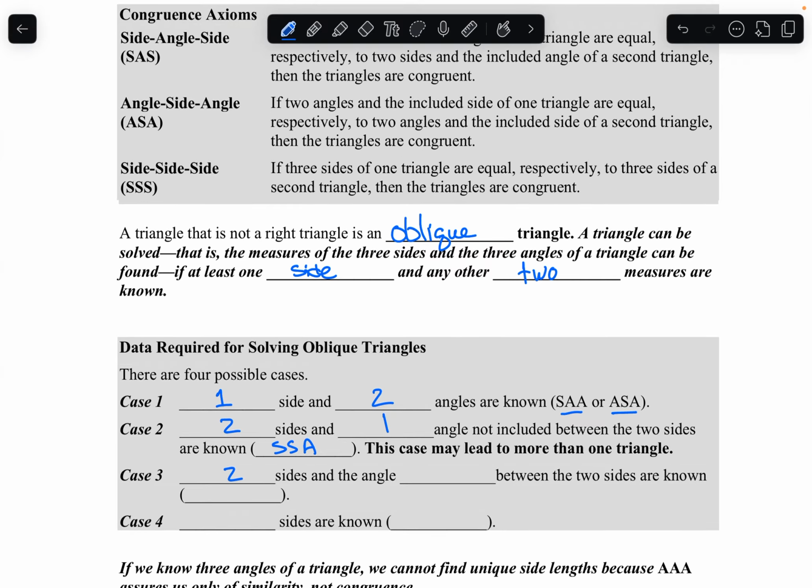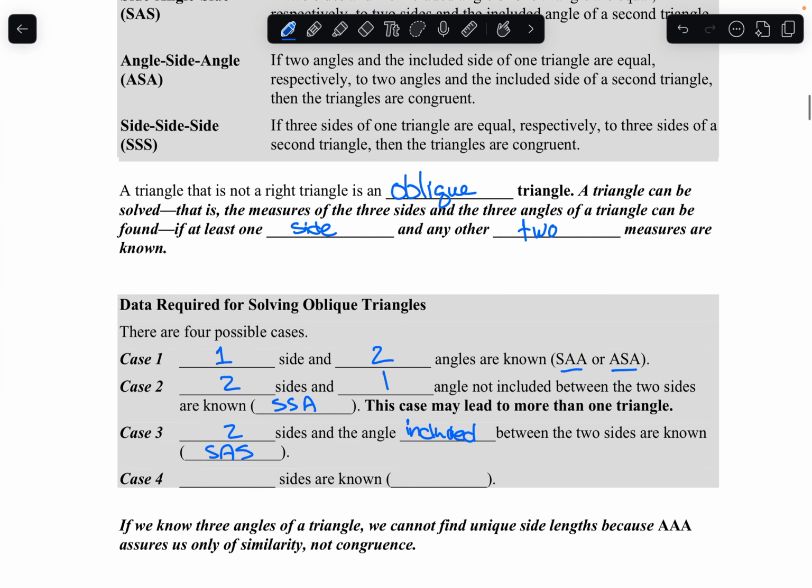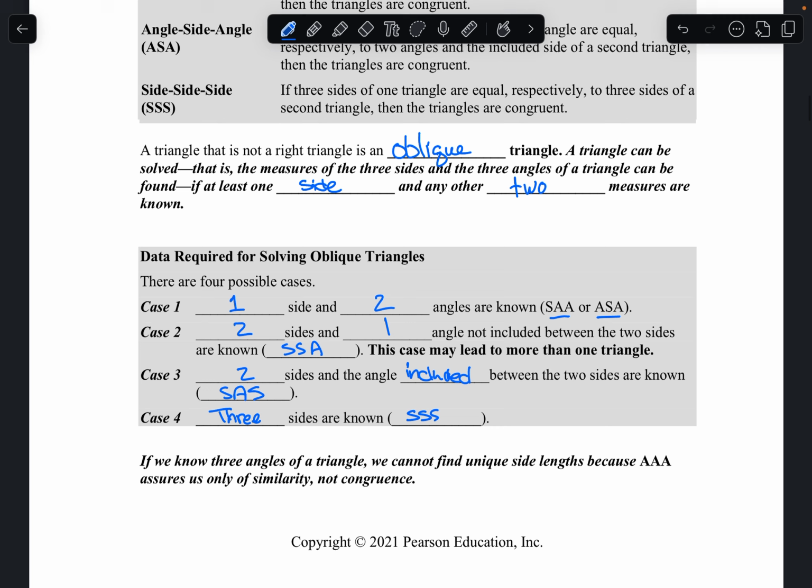You could have two sides and the angle included between the two sides known, side angle side. Or we could know all three sides, SSS. And again, notice in case 2, we write that as SSA because there is no S in Math 104.